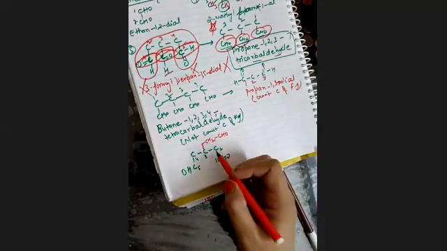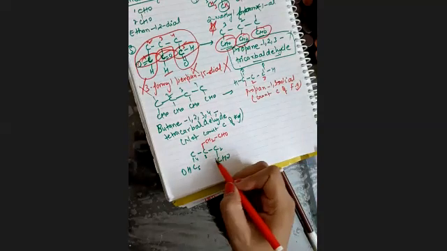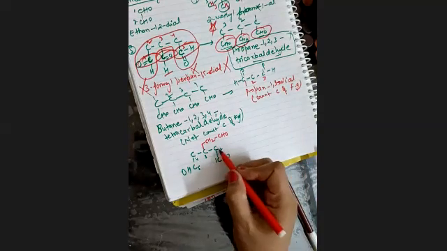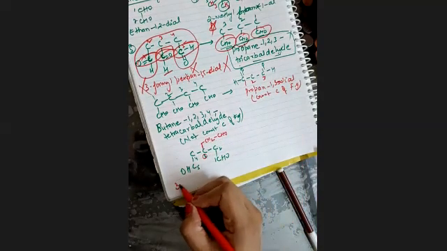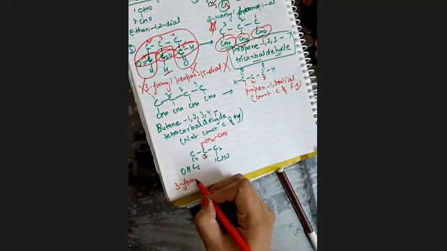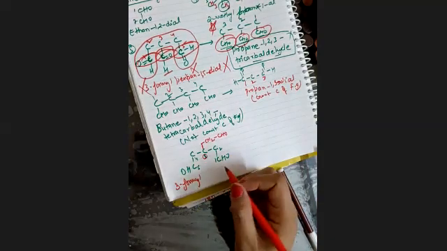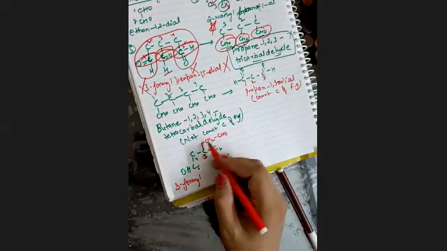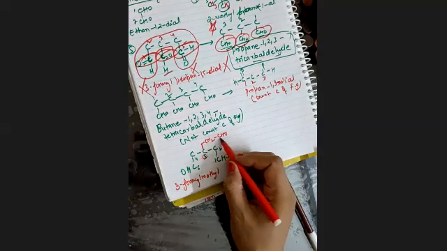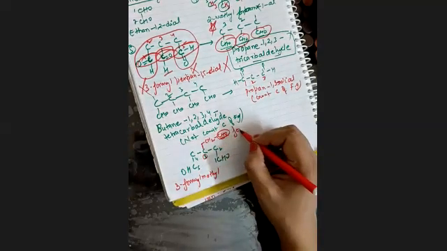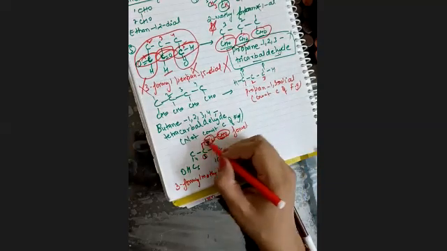So what will be the nomenclature? On the third carbon, on 1, 2, 3, the third carbon we are having this one. So the name will be 3-formyl, alphabetical order, EFG. Then फिर methyl. So 3-formyl, this is formyl, this is methyl.